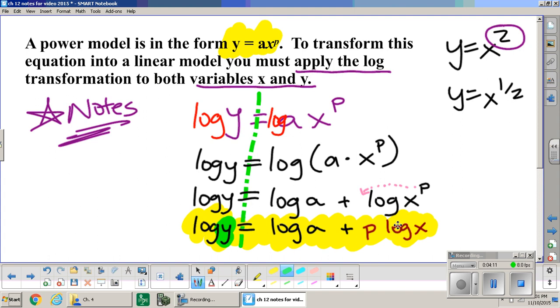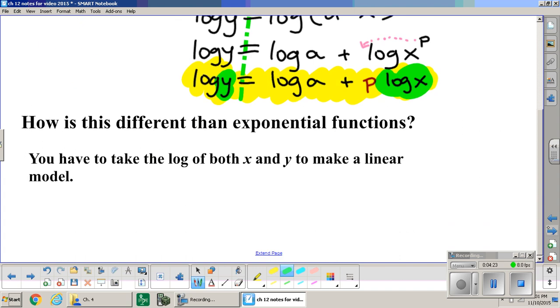But look at what this proof is showing you. For power models, you do log the x's. See that difference? That's a big difference. So what that means, you have to take the log of x and y to transform a power function into a linear model.